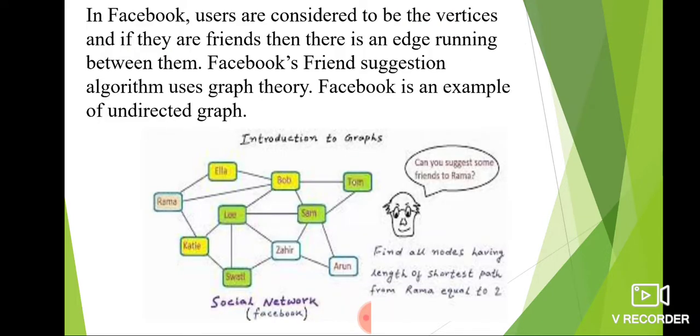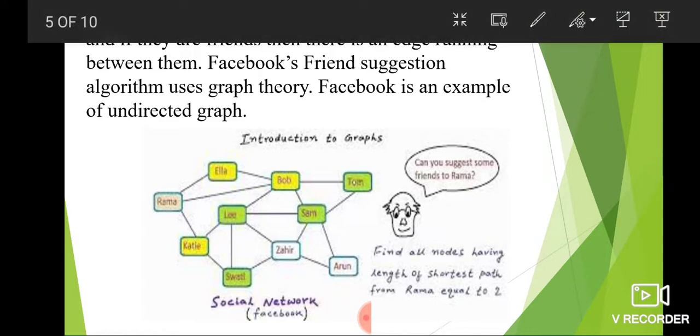The next real-life example is Facebook. Here the users are considered to be the vertices, and if the users are friends, then we have a connecting edge between them. How Facebook's friend suggestion algorithm works is fully based on graph theory. So Facebook is an example of an undirected graph.